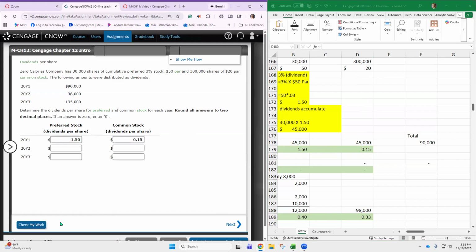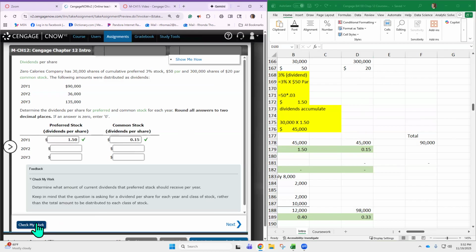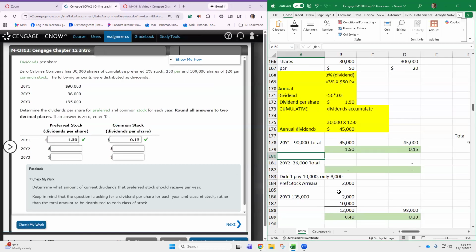Okay, I'm going to try this, make sure I'm on the right track. I believe I am, but you never know. So the good news is the first year, there was no back pay that we needed to make to the preferred.